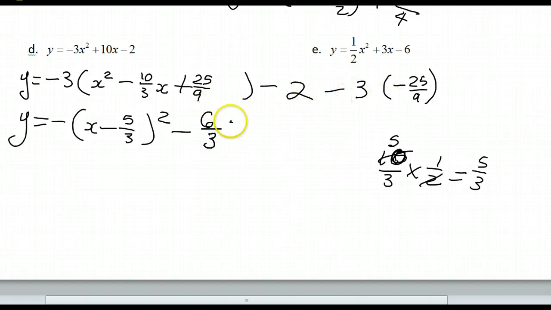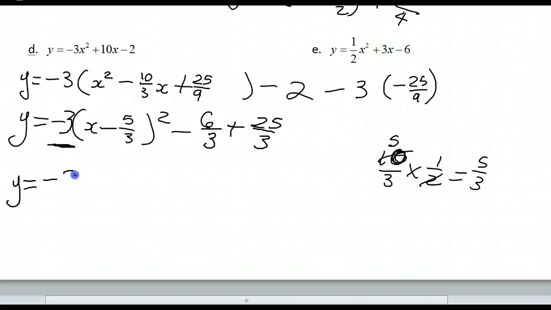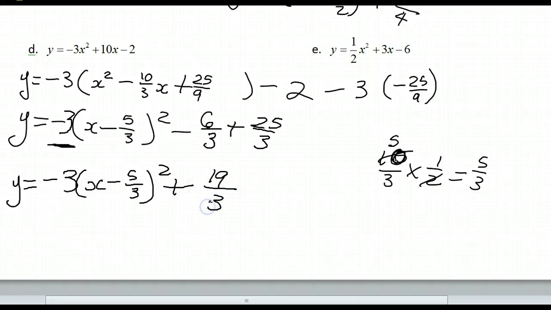Now the negative times the negative gives me a plus. The 3 cancels into the 9, or reduces the 9, so plus 25 over 3, giving us a final answer. I forgot the 3 here. Okay, don't forget the 3 here up in front. Negative 3 x minus 5 thirds squared plus 19 thirds.